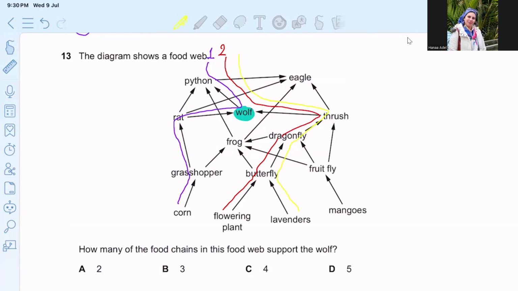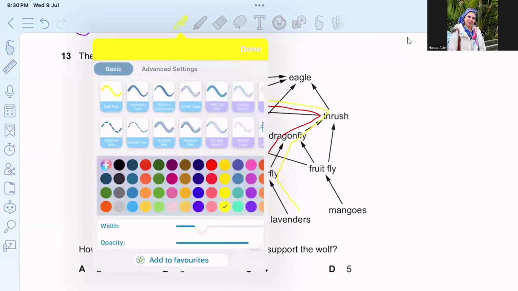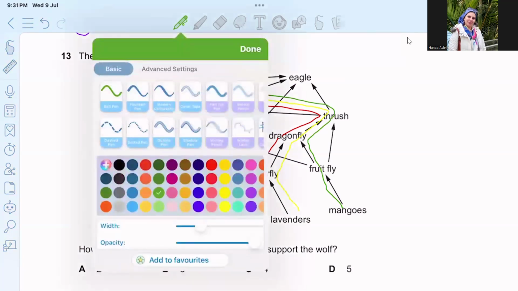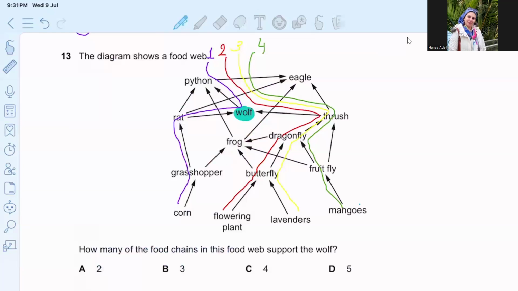This is route number 3. We can choose another color. Mangoes, fruit fly, dragonfly, thrush, wolf, python. This is route number 4. And we have to choose another one. We have mangoes, fruit fly, thrush, wolf, python. This is route number 5.